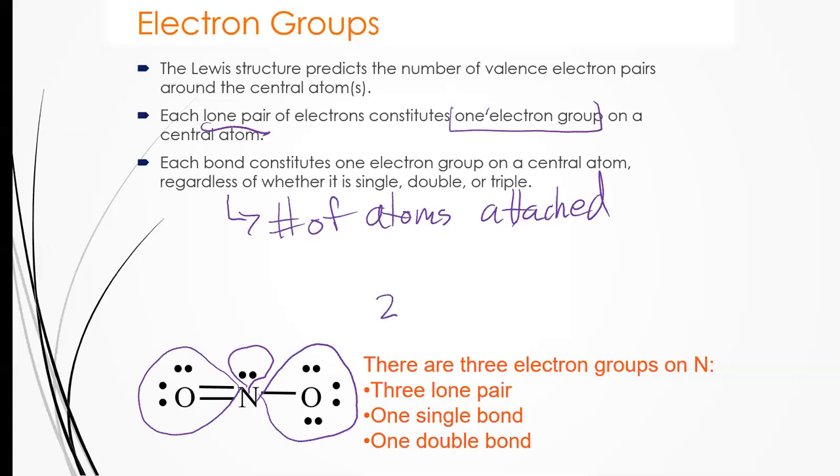It's got 2 atoms plus 1 lone pair. It doesn't matter whether it's a double bond or a triple bond, we count those as the same. And so we're only counting the ones directly attached. So if you have a chain of things, we're only looking at how many are directly around that nitrogen.